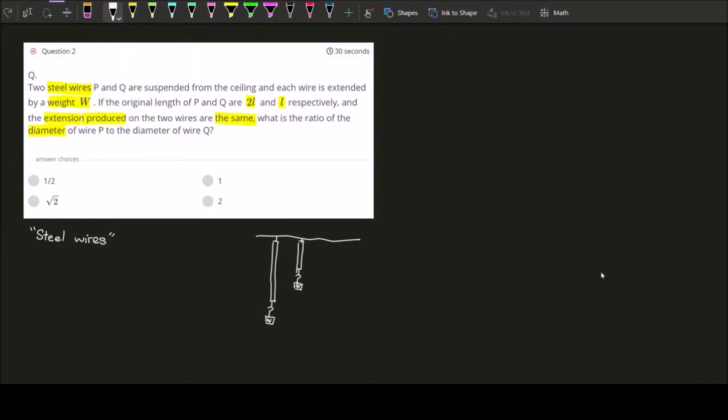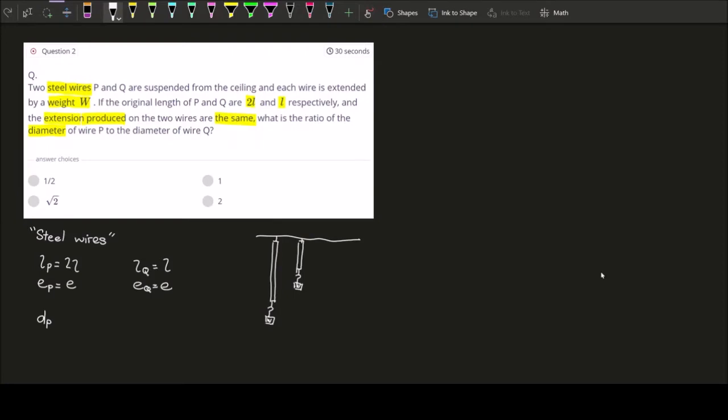The length of P is 2L. The length of Q is equal to L. The extensions produced are the same, meaning the extension at P is equal to the extension at Q. Let's just call it E. Because they are the same, I can just call it E. Now they ask for the diameter.